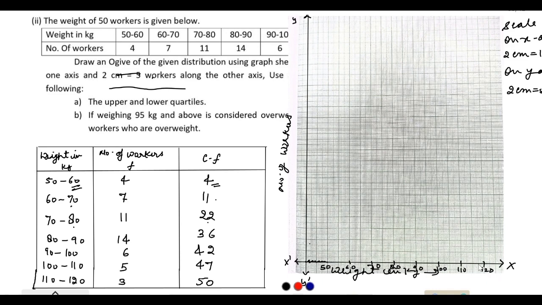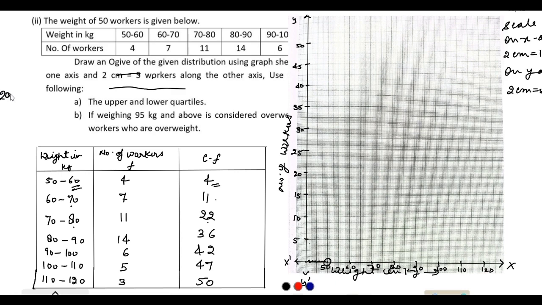On y-axis, 2 cm is equal to 5 workers. This is 5, after 2 cm, 10, 15, 20 and so on. Now first is 50, 0. This is our first point. Second 60, 4.